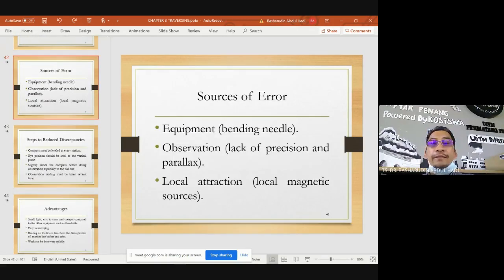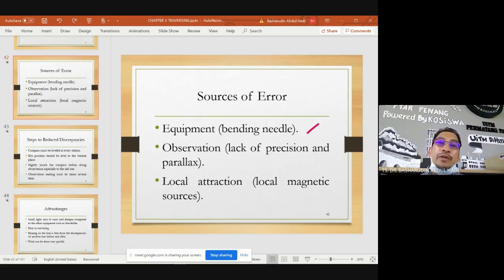And source of error. So we go to source of error. What makes our survey have errors? We have many things that can make the survey have errors. Number one is equipment. Maybe your needle is bent.